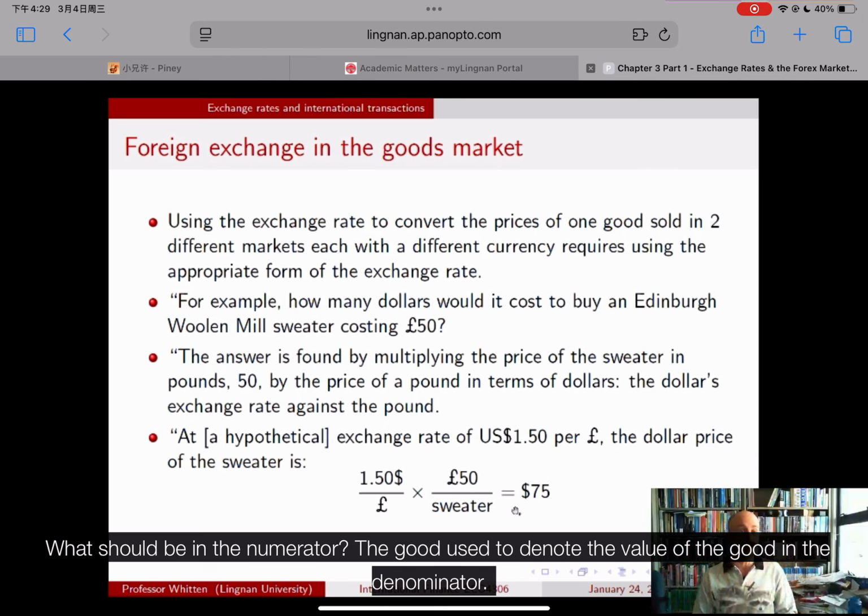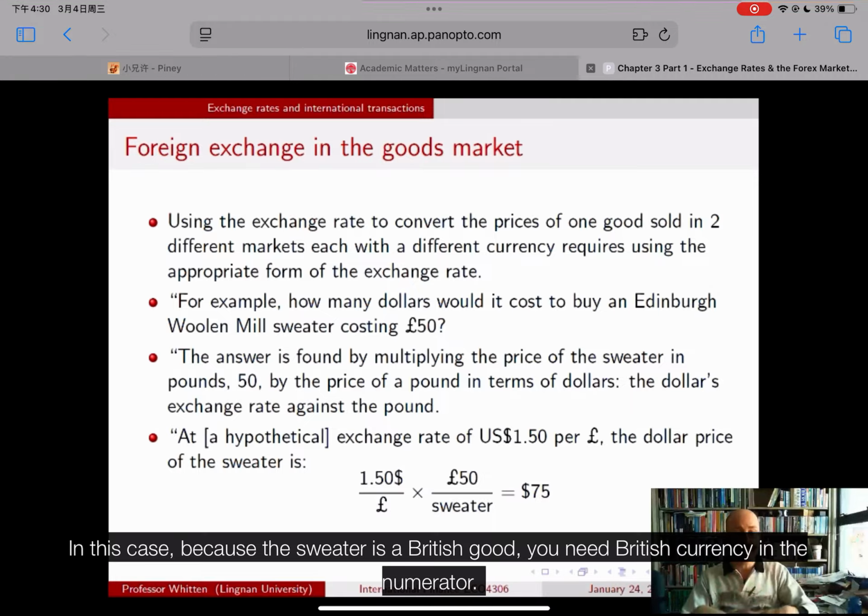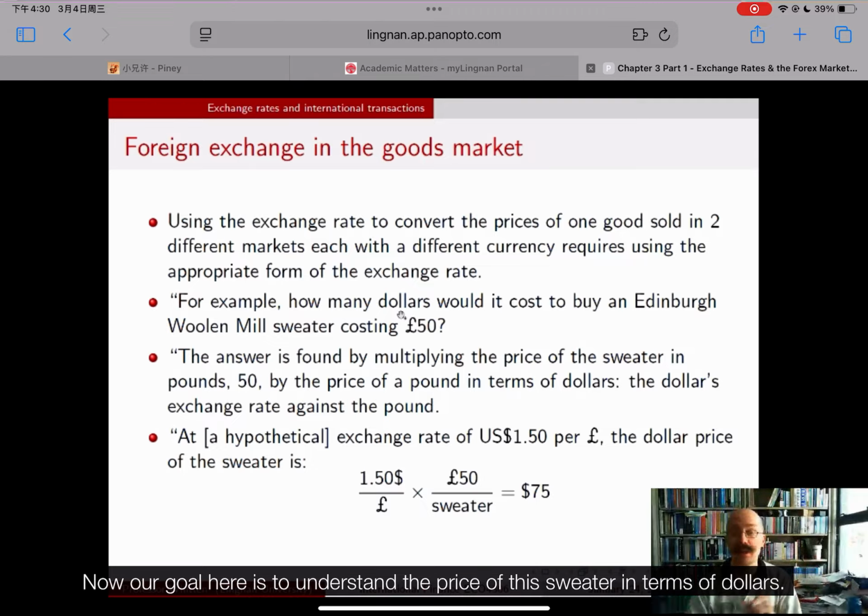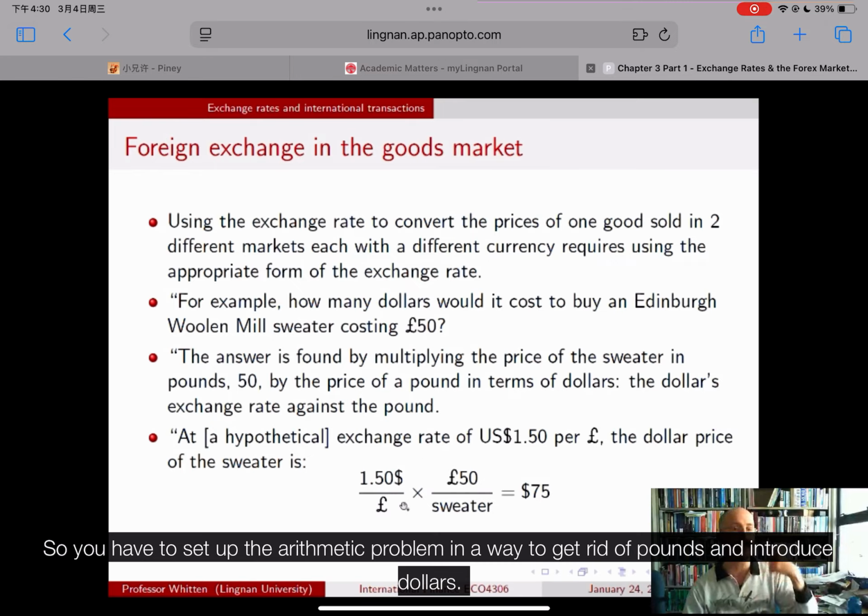What should be in the numerator? The good used to denote the value of the good in the denominator. In this case, because the sweater is a British good, you need British currency in the numerator. Now our goal here is to understand the price of this sweater in terms of dollars. So you have to set up the arithmetic problem in a way to get rid of pounds and introduce dollars.